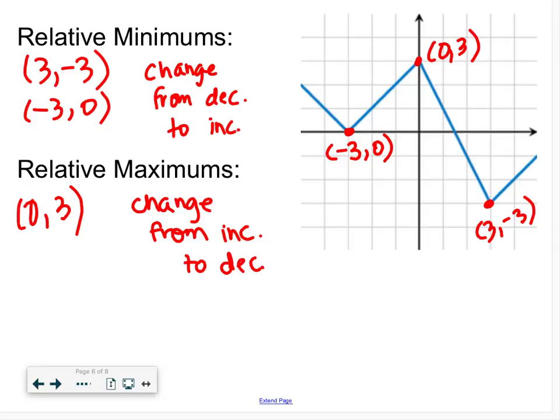It doesn't have to be the highest point, it just has to be a high point for that part of the graph. So a change from increasing to decreasing or vice versa is how we're going to identify relative minimums and maximums. Okay. So they don't have to be the highest or the lowest.